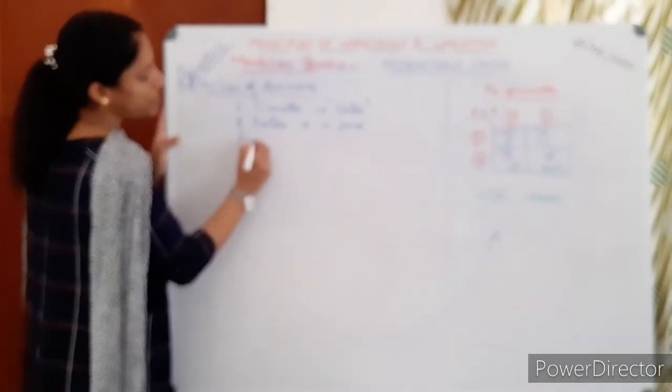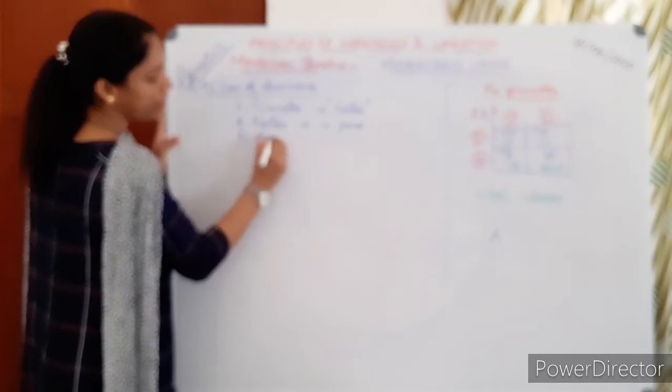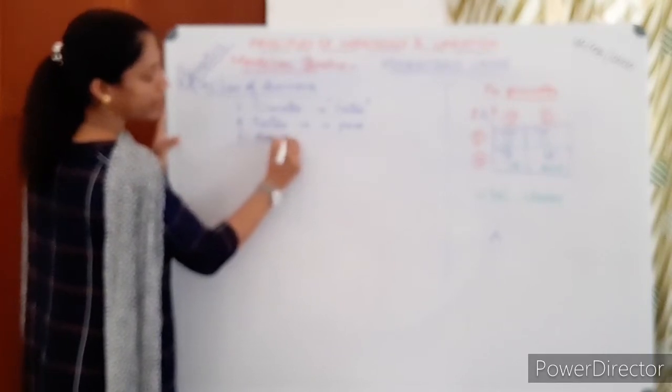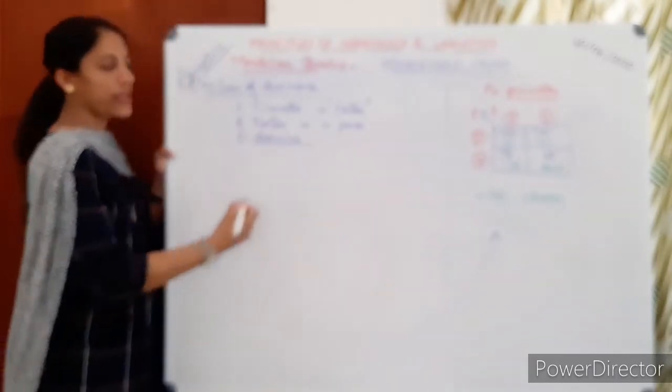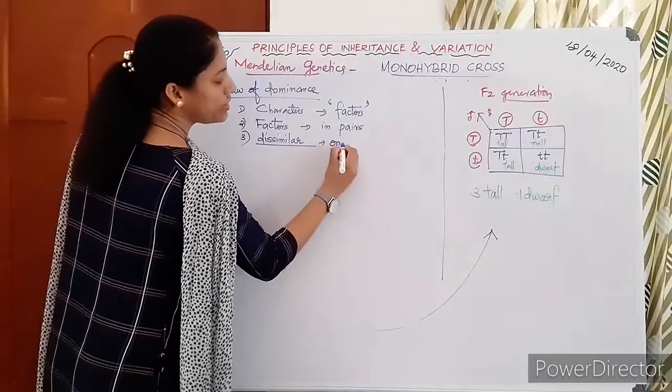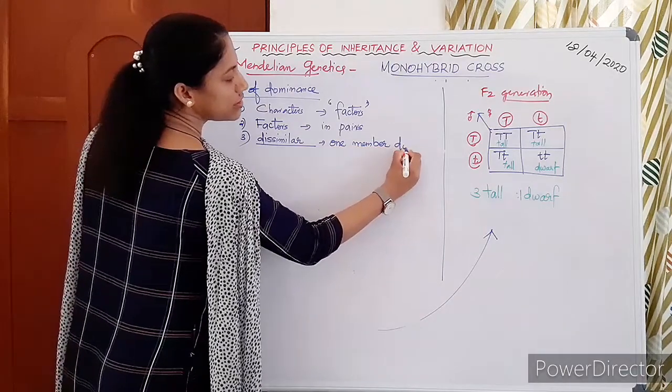Then the third postulate is: in a pair of dissimilar factors, if a factor has a dissimilar pair of members, one member dominates the other.